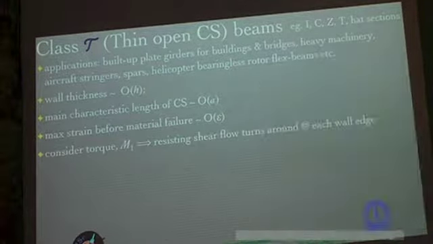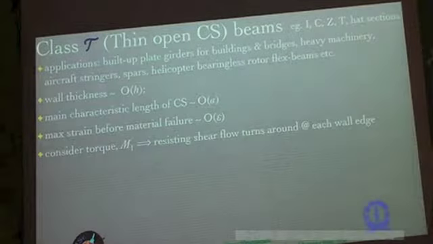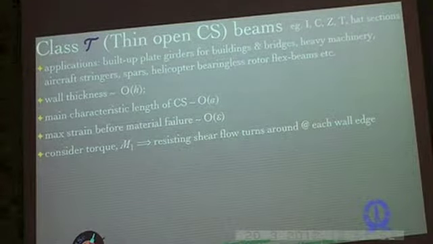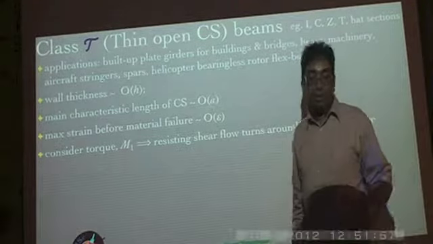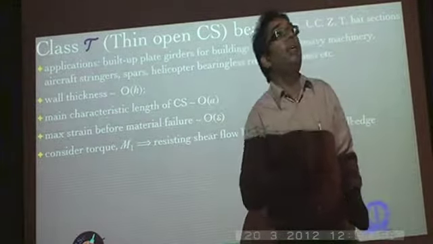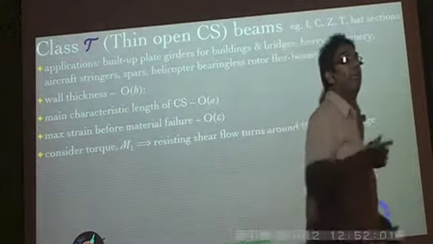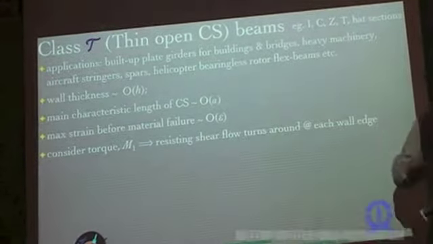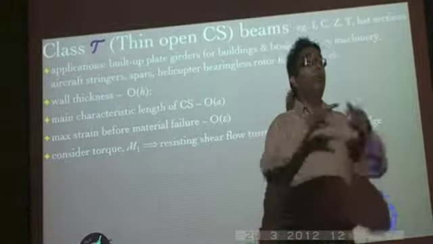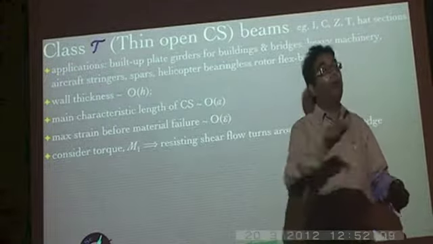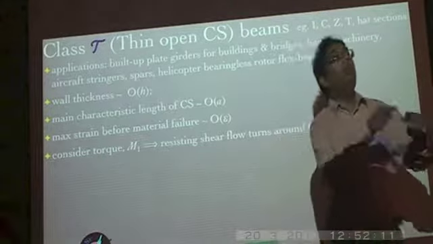It typically is of the order of a few percentage points, depending upon the material. Now if we consider a torque M1 applied to such an open cross section, the way the torque is resisted, as you know from basic structural mechanics courses, is by a shear flow which takes place in all of these walls. In a closed cross section, this shear flow can go around, whereas in an open cross section, at the end of a strip, it has to turn around itself.